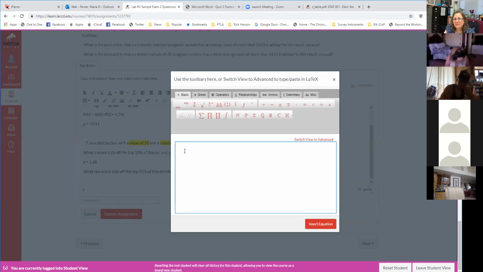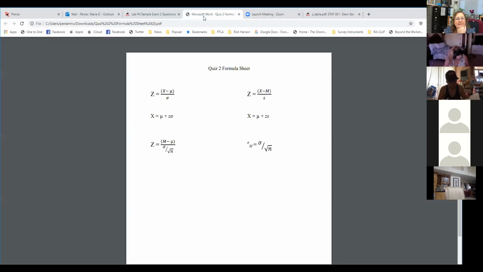Anyone chime in? What's the formula for finding the raw score? So if you look at your formula sheet, which one of these is your raw score formula? The first row, the second row, or the third row?